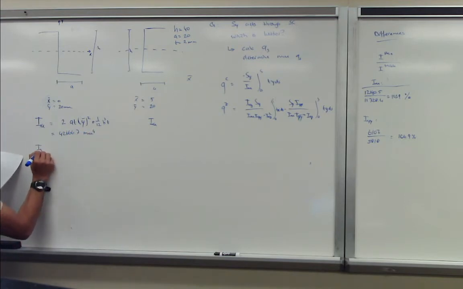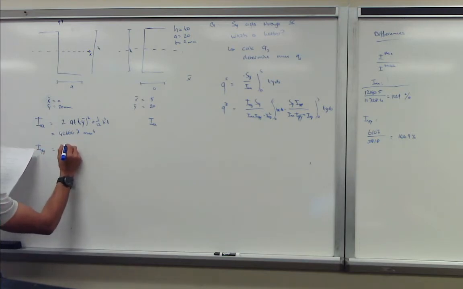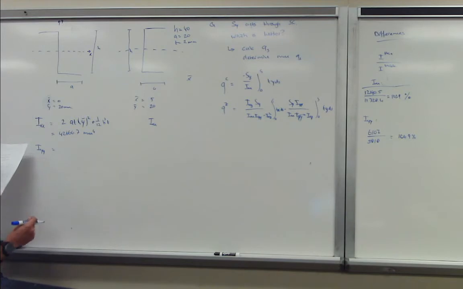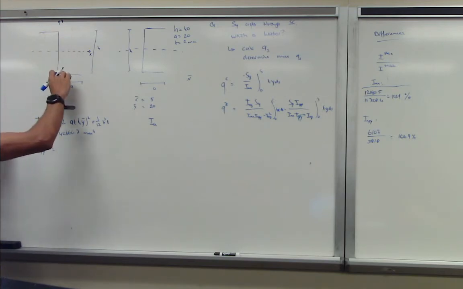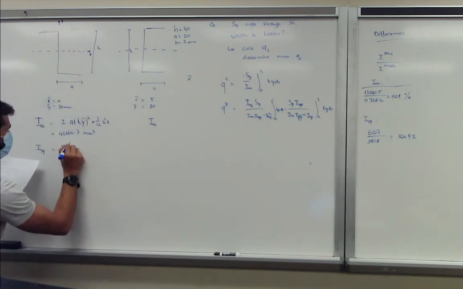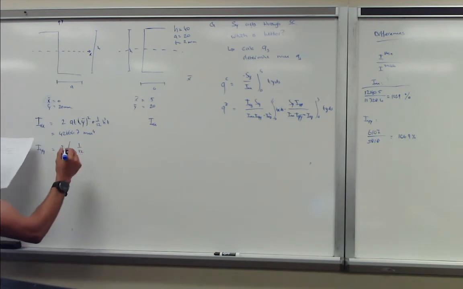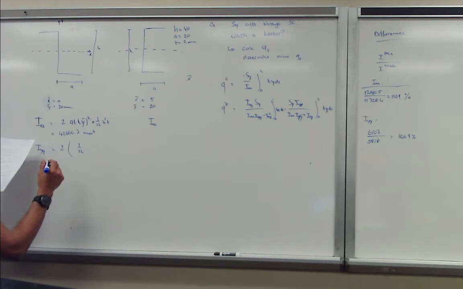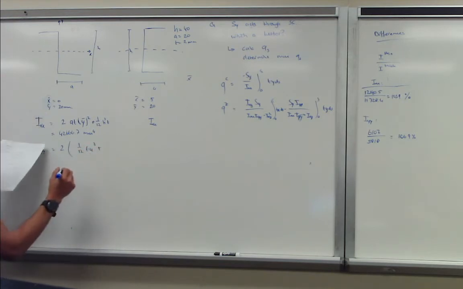And IYY, we get, in the IYY case, this basically doesn't have any contribution. These two have, so we can use again the factor 2. So there'll be 1/12 T times A cubed plus the standard term.